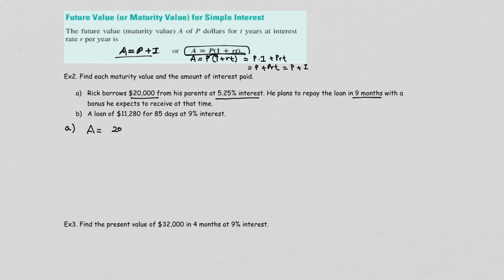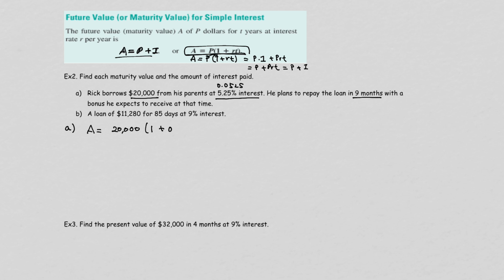Principal is how much you're investing or borrowing. Then 1 plus the rate. The percent you need to change to a decimal, so it becomes 0.0525.